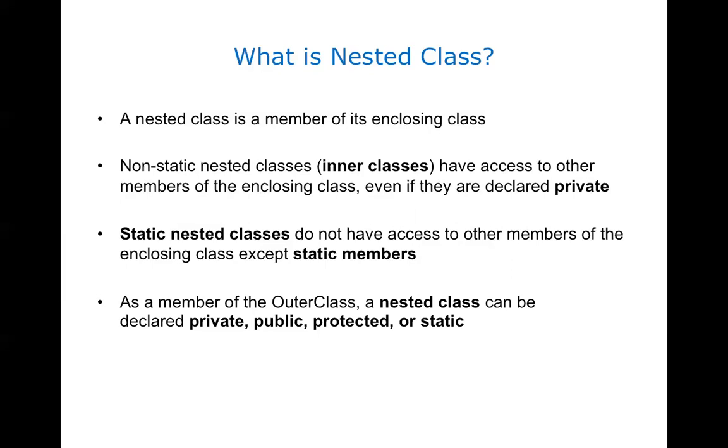So we cannot write private class A, protected class A, or static class A. These modifiers are not applicable to outer classes. But a nested class defined inside a class can be private, protected, or static, and all other modifiers which are applicable to an outer class can be applicable to nested classes as well.